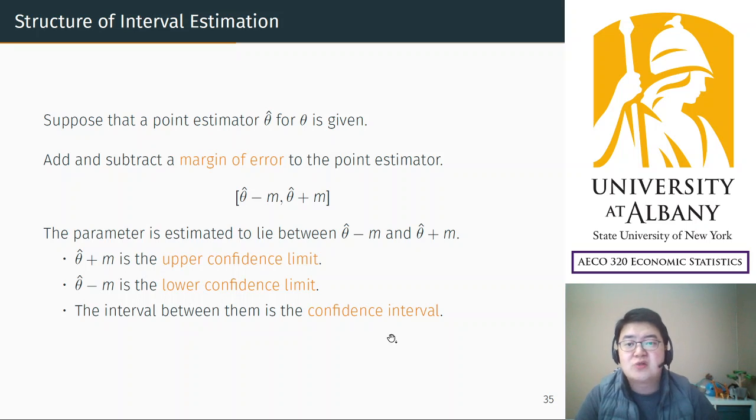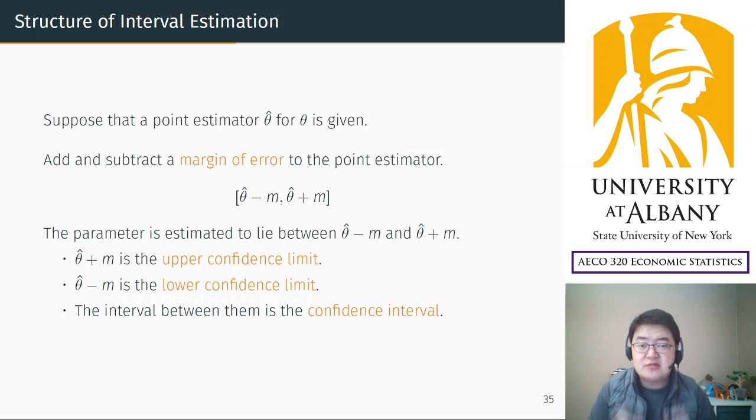For interval estimation, the starting point is still a point estimation. So suppose that you already have a point estimator. We learned what a good point estimator is on Tuesday, so you may refer to those videos and slides if you're curious about what it has to satisfy. Anyhow, suppose that you have a good, reasonable point estimator, theta hat, for a parameter theta.